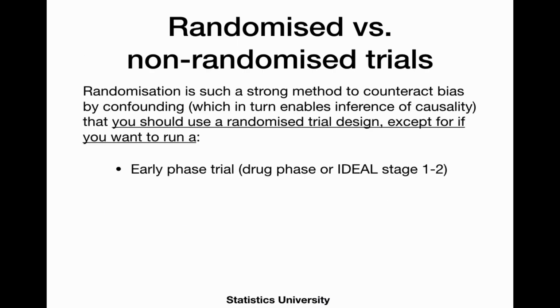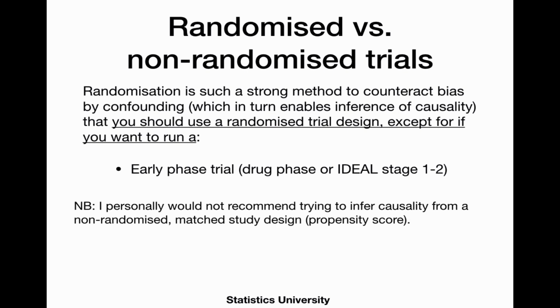Let's start with randomization. Because randomization is such a strong method to counteract bias by confounding, and thus randomization actually enables inference of causality, I think you should use a randomized trial design, except if you want to run an early phase trial, so for example, drug phase 1 or 2 or IDEAL stage 1 or 2, or if it's really not feasible to perform a randomized trial.